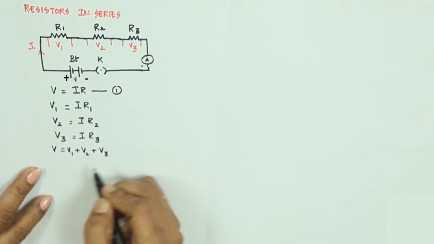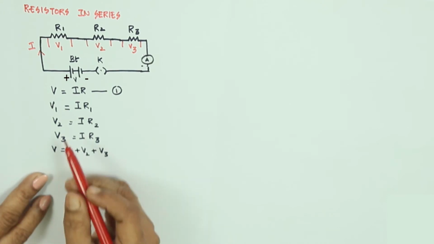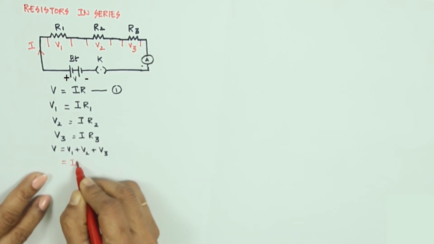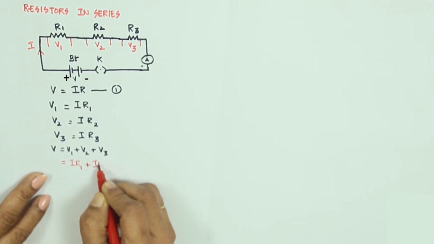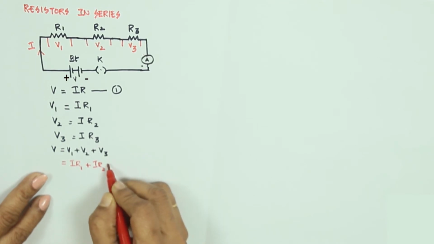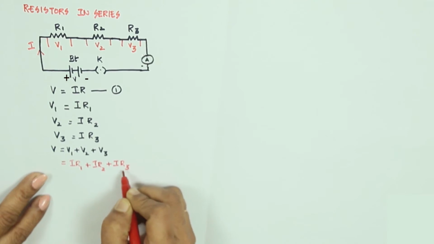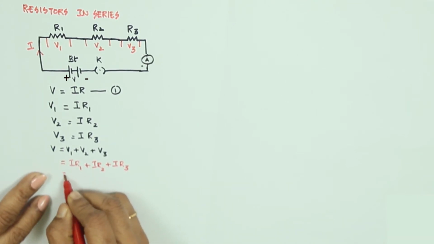But already we have calculated what V1, V2 and V3 are. Now we are going to substitute. V1 is IR1, V2 is IR2 and V3 is IR3. Here I is common, so we can take I outside.